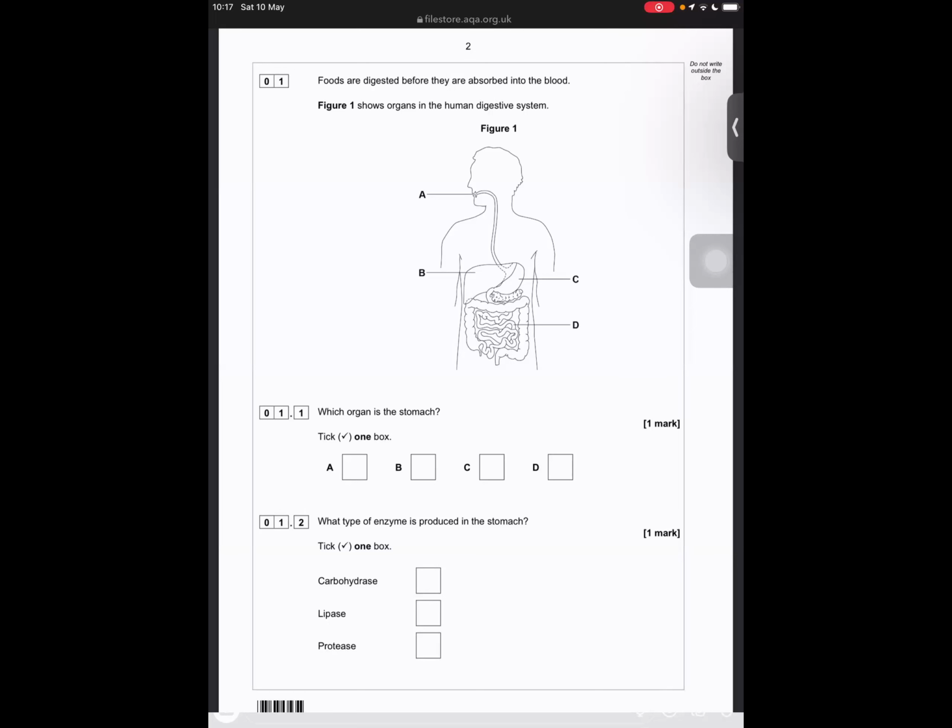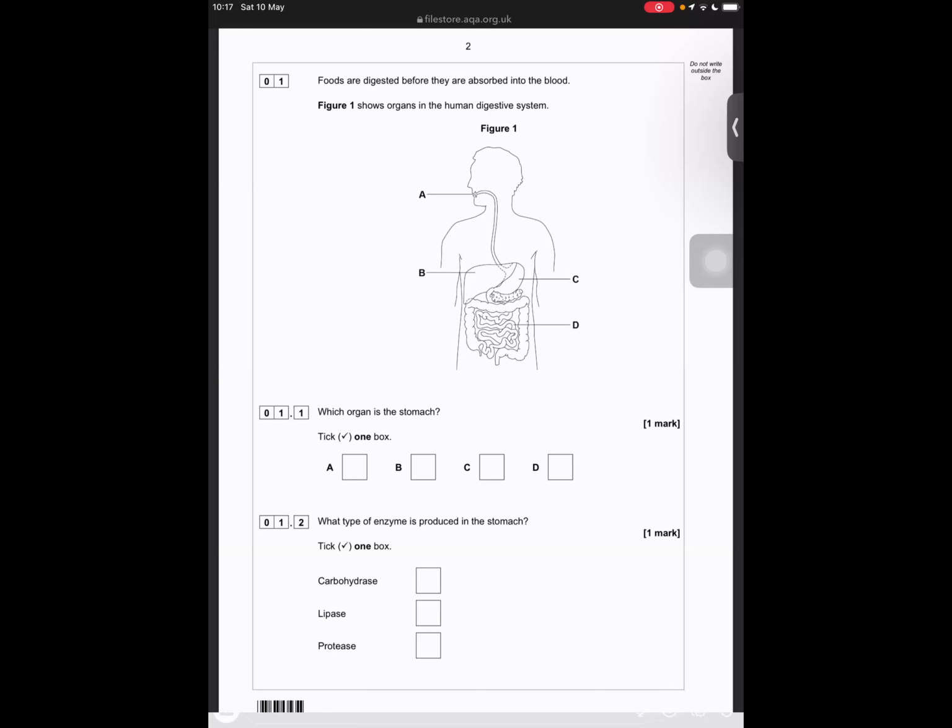What does it say? It says protease. Protease. Okay.